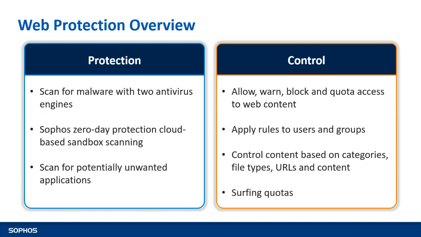In addition to malicious content, you can also choose to block potentially unwanted applications from being downloaded onto your network. And you can improve your network security by blocking access to risky websites and applying controls for users' browsing behavior. Okay?